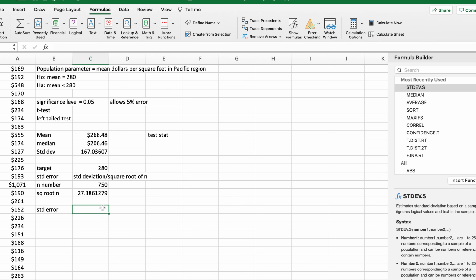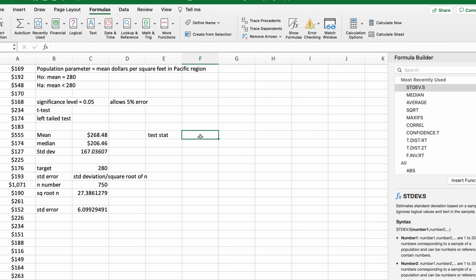So I can just do a little calculation right here. Equals, it's the standard deviation divided by the square root of n. Here's my standard deviation, divide. Here's my square root of n. Enter. So there's my standard error.